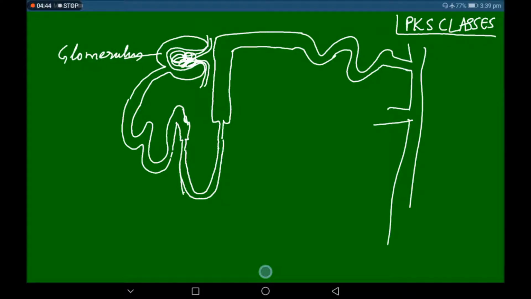The afferent arteriole has a large diameter and the efferent arteriole has a small diameter.